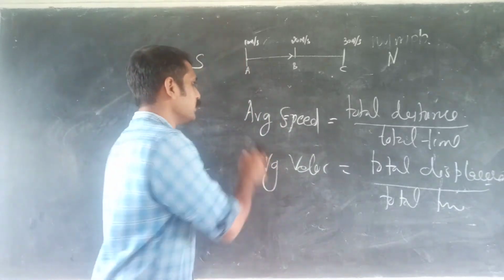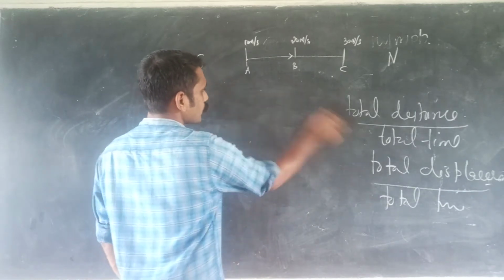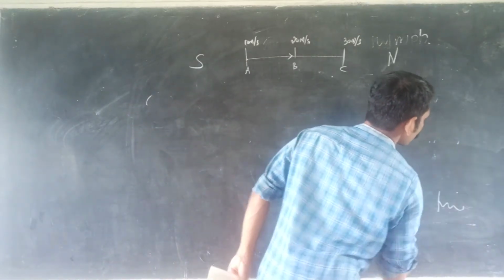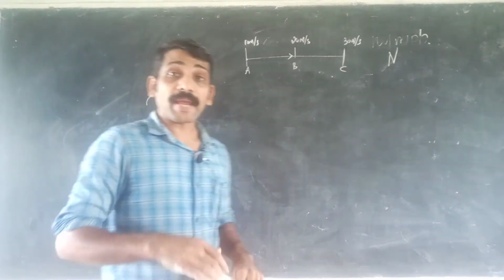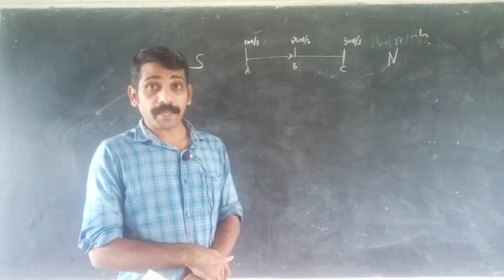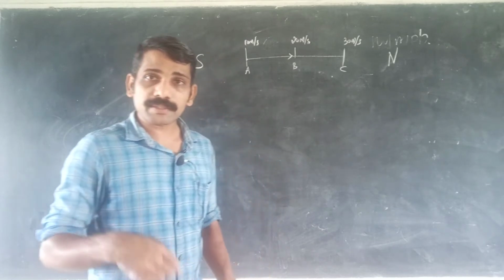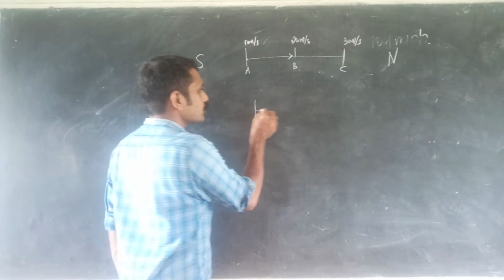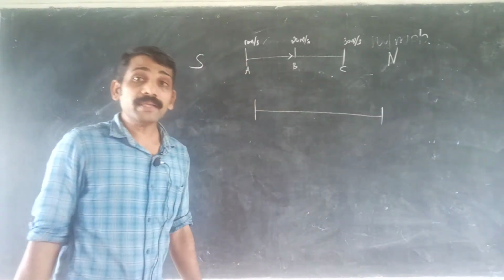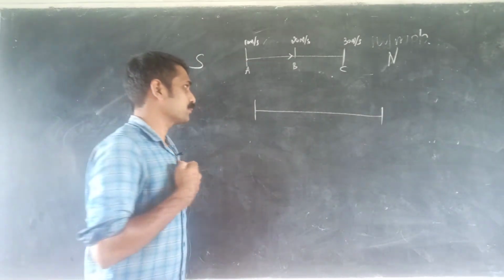If the velocity is varying at a uniform rate, listen here, then how can we find the average velocity?